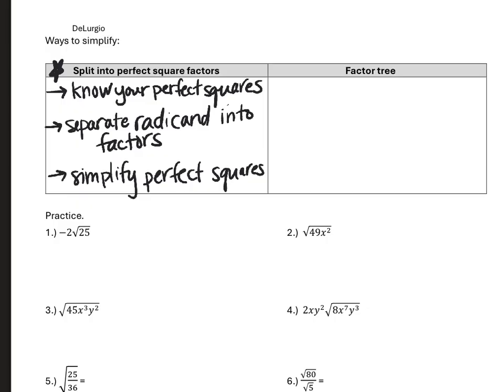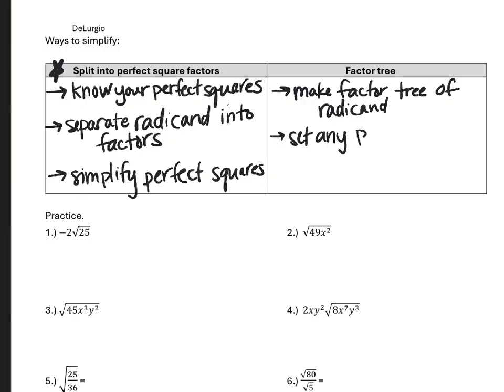But there is another method, which is you make a factor tree of the radicand, which is the number under the root. So you find all of its prime factors. And then you set any pairs of factors outside the radicand.